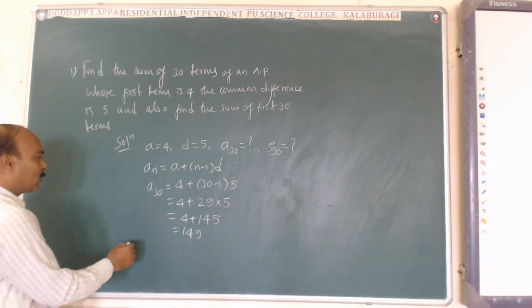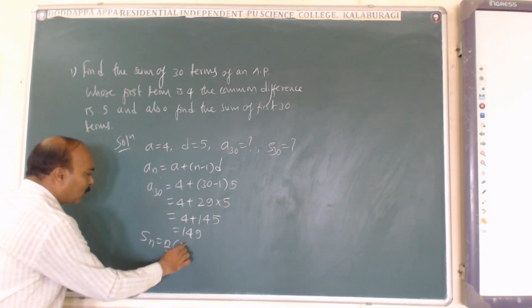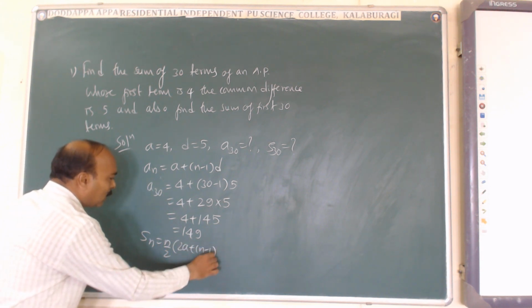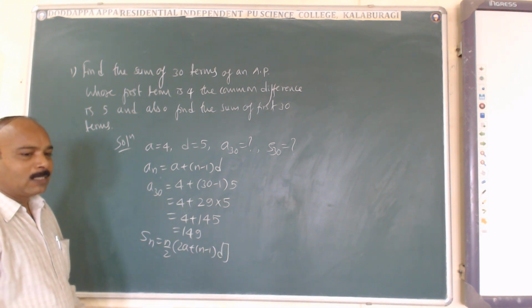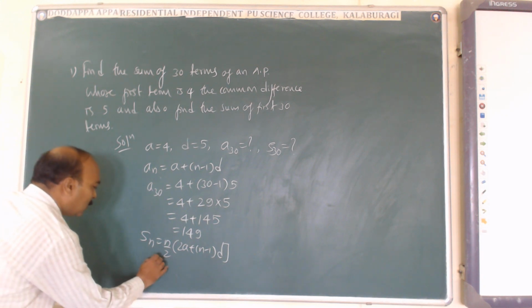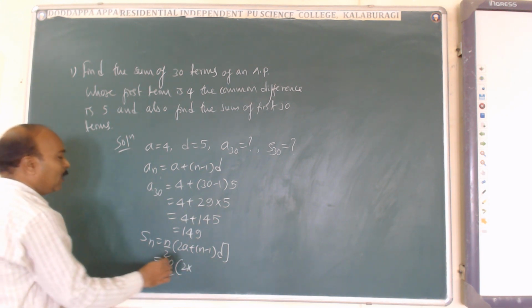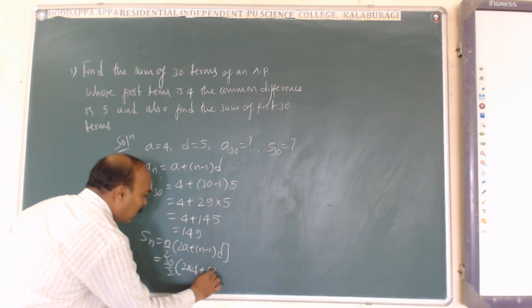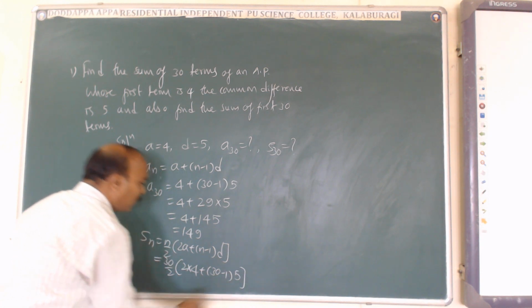Next we go for the sum to n terms. Sn equal to n by 2 into 2a plus n minus 1 into d. It is the formula for sum to n terms of an AP. Now we substitute the values: 30 by 2 into 2 into a value 4 plus n value 30 minus 1 into d equal to 5.